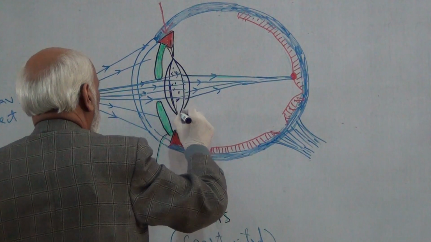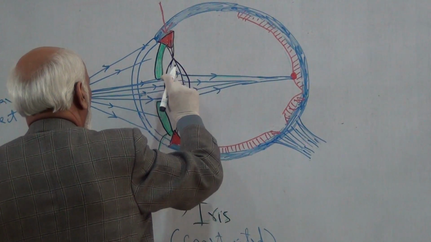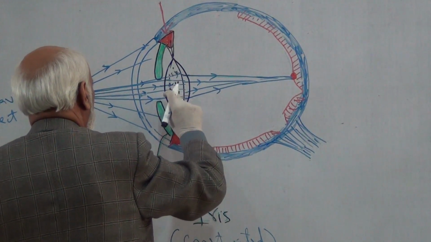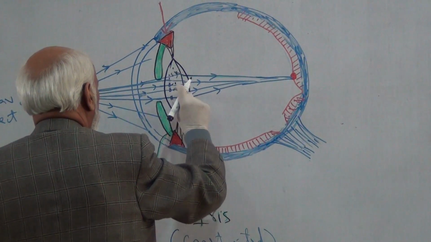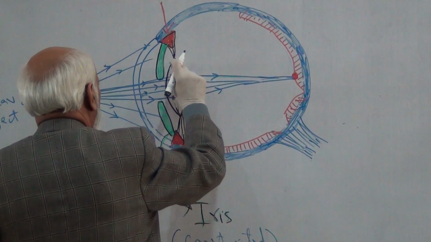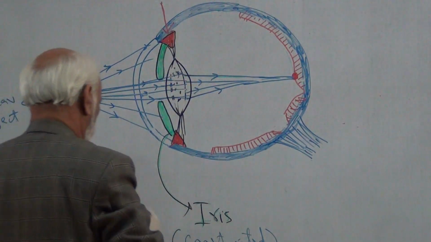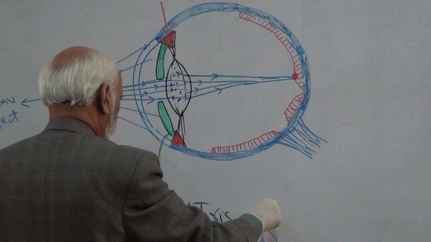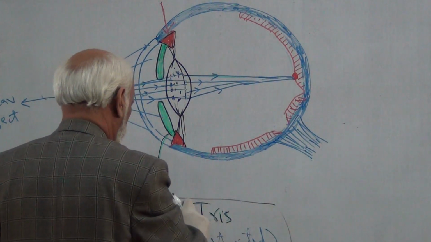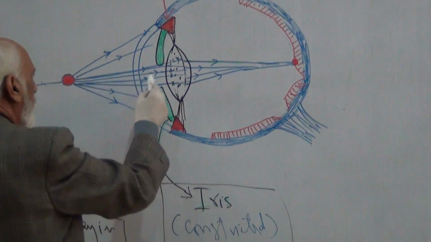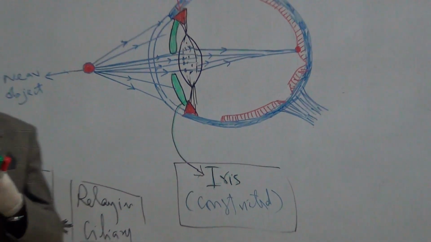When the ciliary body muscle, the ciliaris muscle, contracts. So iris, here is the ciliary body. In the iris, the constrictor pupillary muscles constrict to allow only the central divergent rays to pass through it.